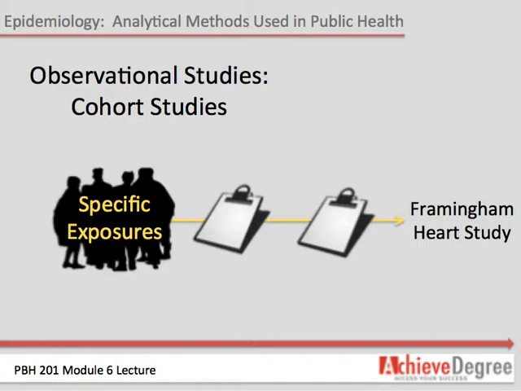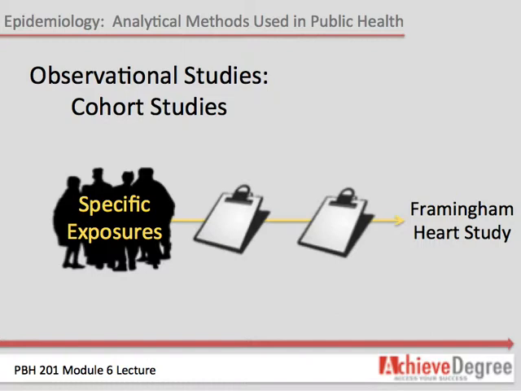At that time, little was known about the general causes of heart disease and stroke, but CVD death rates had been increasing and no one knew why. The purpose of the study was to identify common risk factors for CVD. A large group, 5,209 men and women ages 30 to 62, from Framingham, Massachusetts, was recruited.